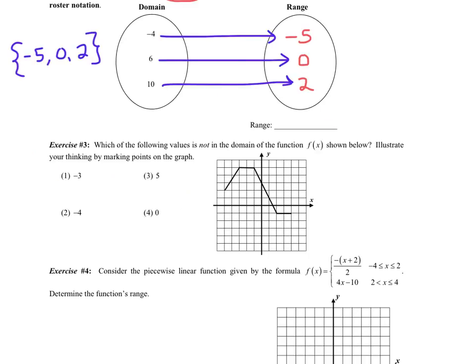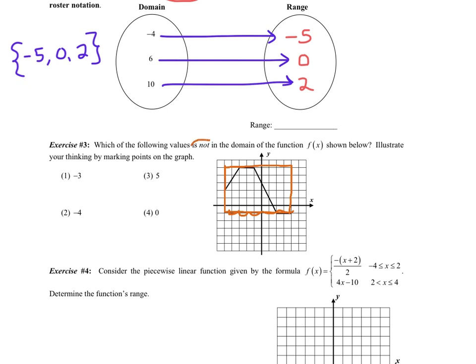Let's look at exercise 3 here. Exercise 3 says, which of the following values is not in the domain of the function? Illustrate your thinking by marking points on the graph. And again, what I'm going to do here is draw a box around this function, from lowest point to highest point, from leftmost point to rightmost point. And again, the domain represents all of the x values.